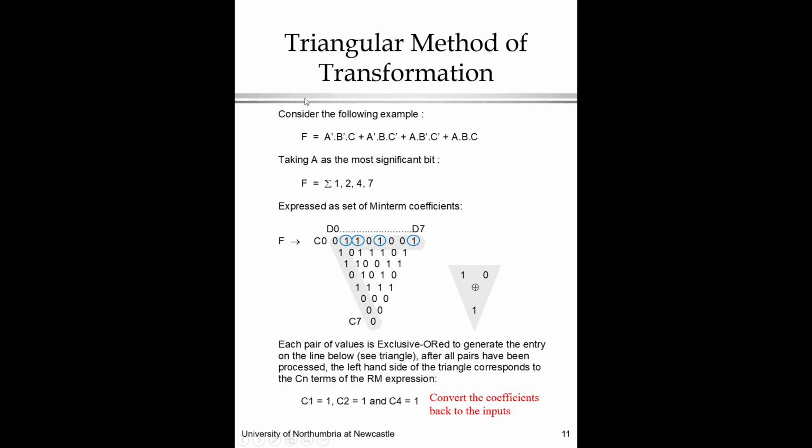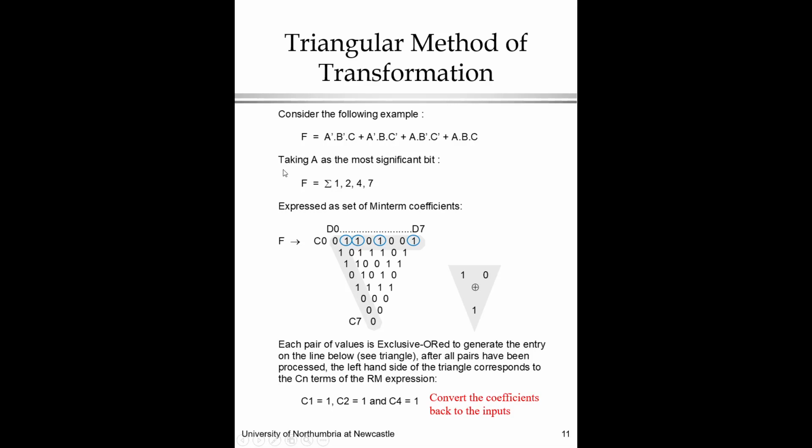Consider the following example. This is the Boolean expression for the combi logic gates that you need to convert into the Reed-Muller circuit. This is actually the sum of products of your combi logic.